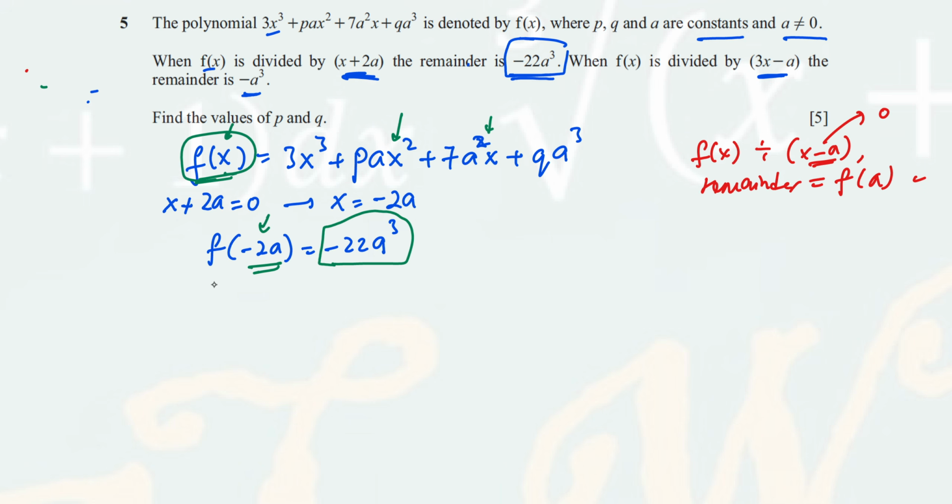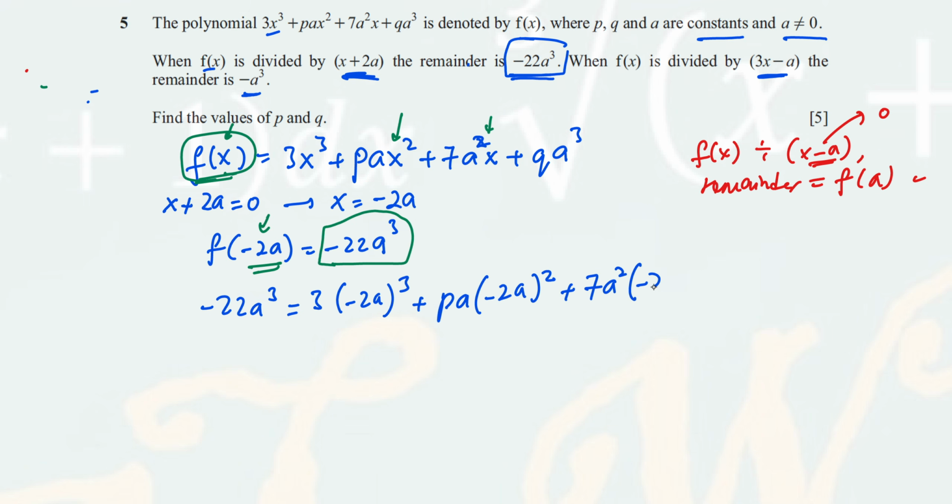So which means now I will be getting minus 22a cubed equals 3 times minus 2a cubed plus pa times minus 2a squared plus 7a squared multiplied with minus 2a plus qa cubed. So then from here you will be getting negative 24a cubed plus 4pa cubed minus 14a cubed plus qa cubed.